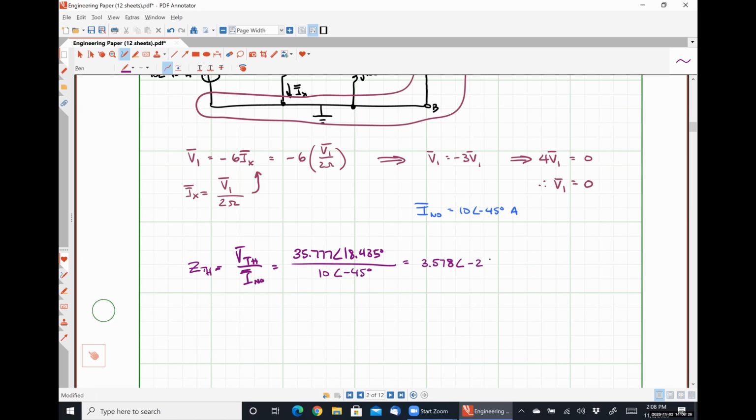I'll do it with my calculator: 18.435 minus 45 is negative 26.565 degrees. There we go.